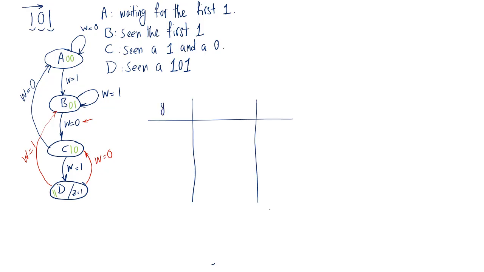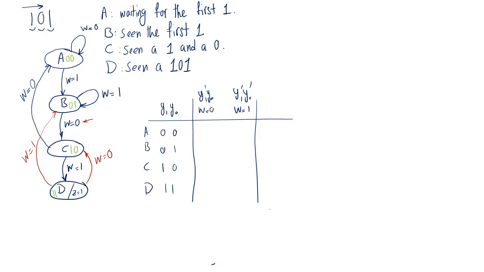So I'm going to have just y1 and y0, and then w equal to 0, w equal to 1 for y1 prime and y0 prime. And then my table is going to be 0, 0, 0, 1, 1, 0, and 1, 1. This is state A, this is state B, C, D, right?